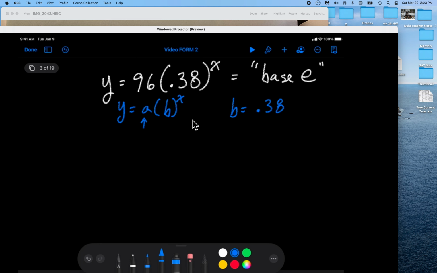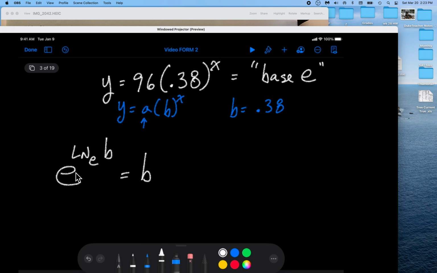Let's talk about what b is also equal to when you have e involved. Okay, so here's a generic statement. If you have e raised to the natural log of b, that equals b.